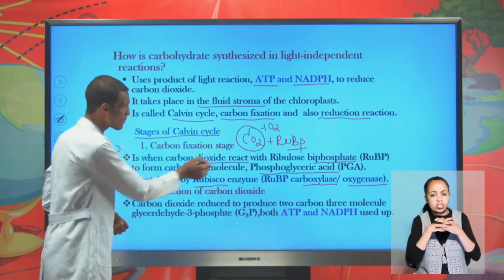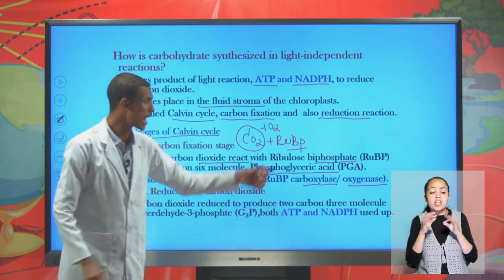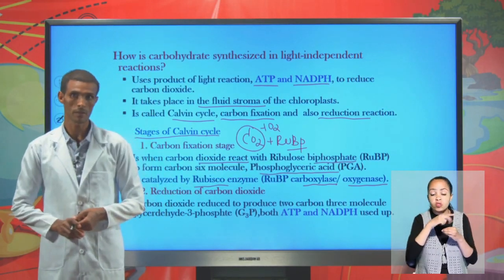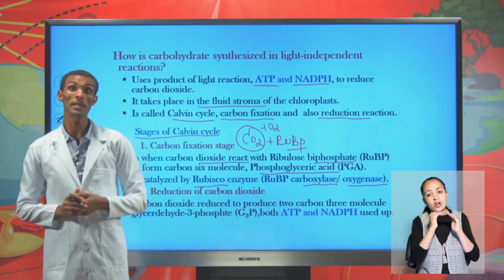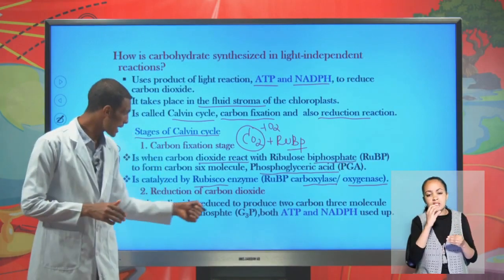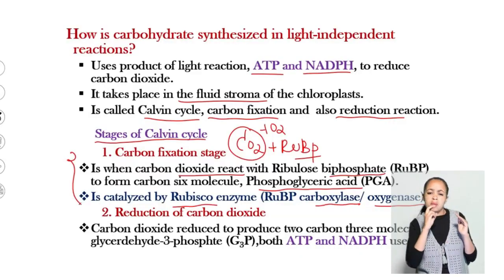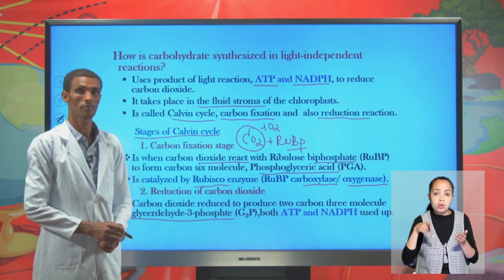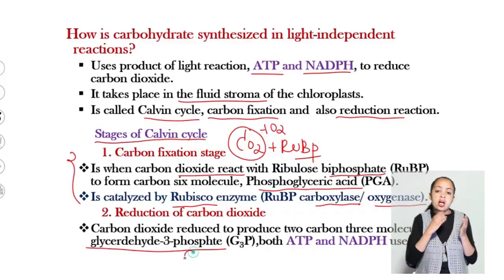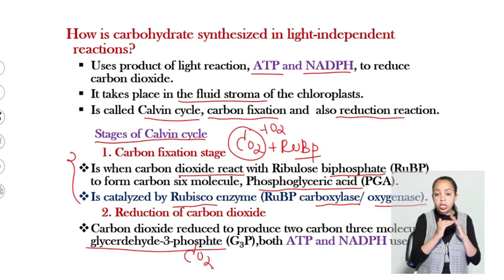Carbon dioxide is fixed from the atmosphere, reacting with ribulose bisphosphate. The second stage is the reduction of carbon dioxide. By reduction, it is reduced to produce two carbon-3 molecules called glyceraldehyde 3-phosphate. Here, it is reduced by the NADPH molecule that came from the earlier light phase of photosynthesis.